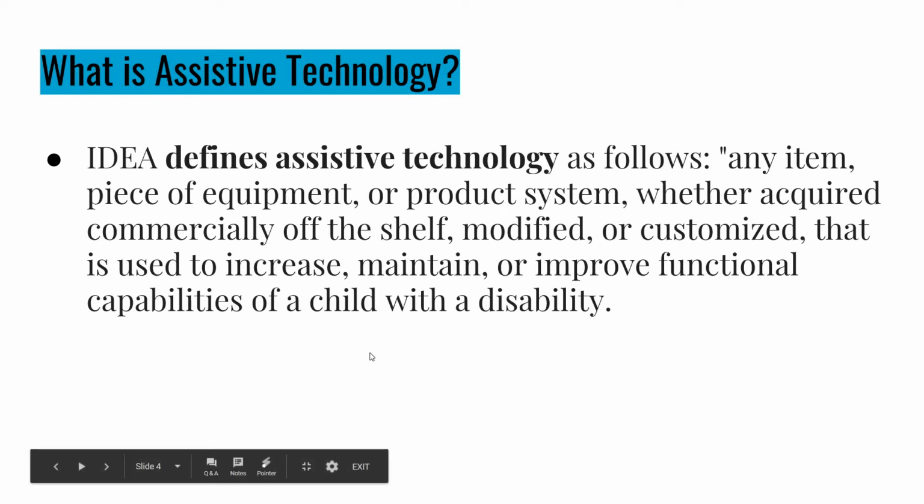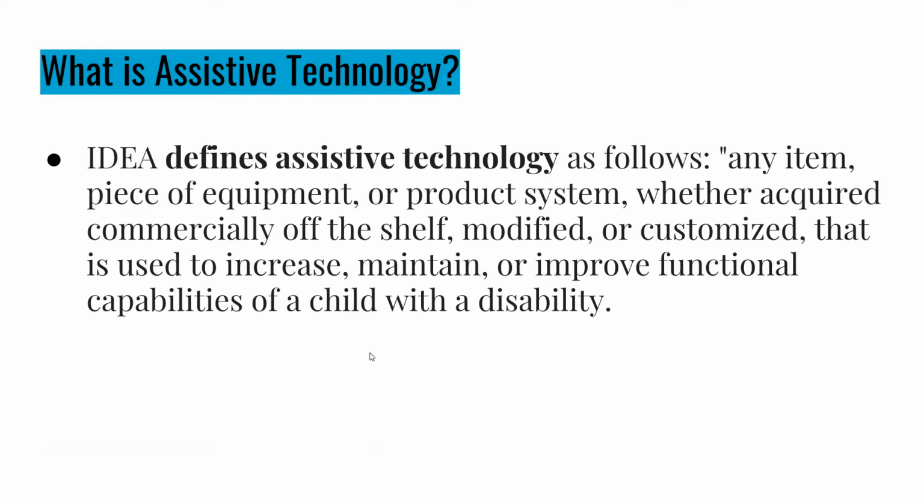So this means that an assistive technology is pretty much anything that can help a child or keep a child where they're at, or improve their capabilities. So this item can be bought, it can be made, it can be customized, modified. It's really just anything that can be used to increase, maintain, or improve the skills of a child with a disability.